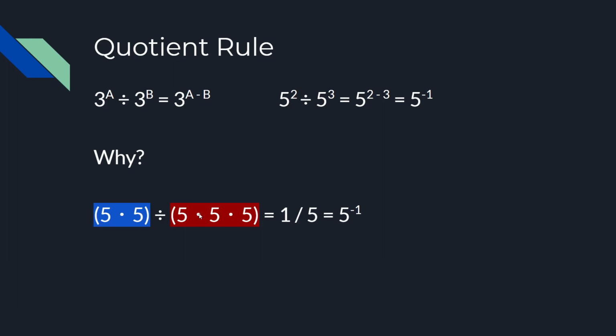So we're multiplying by 5 twice, and then we're dividing by 5 3 times. So really, we just end up dividing by 5 once, which is just 1/5, which is just 5 to the power of negative 1. So really, the two 5's that we're multiplying by get kind of canceled out by the 5's on the bottom, and you just end up with one 5 left over.